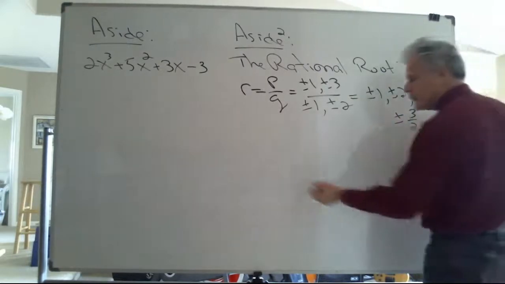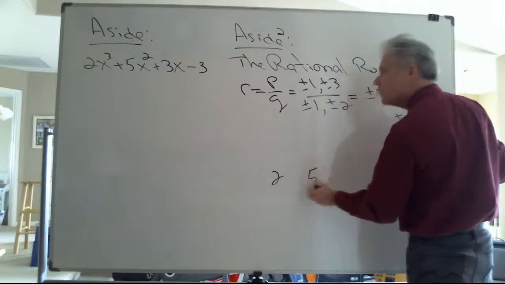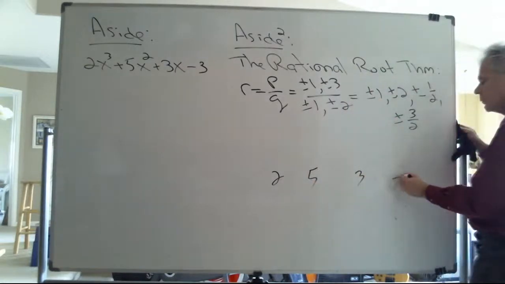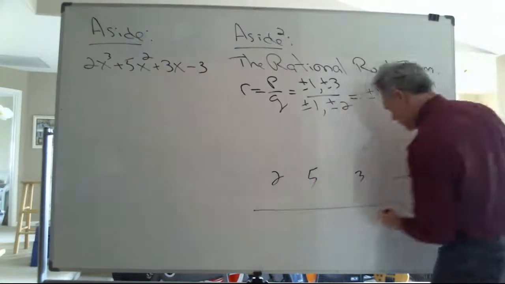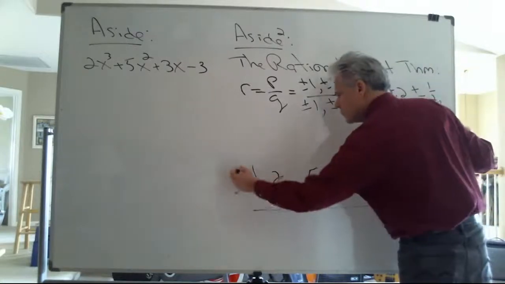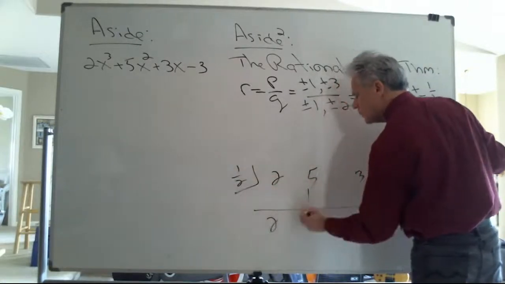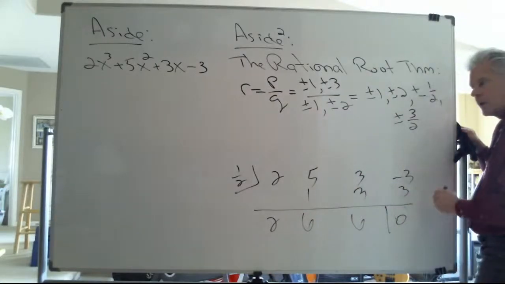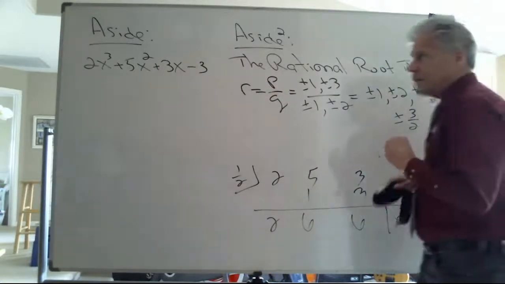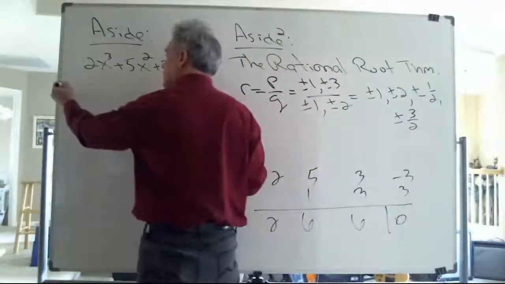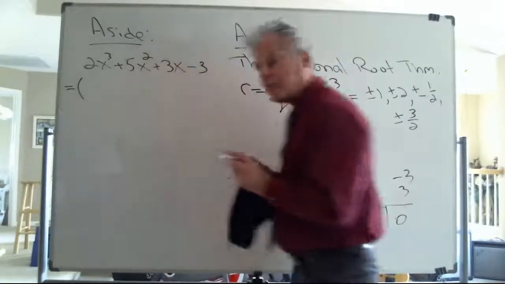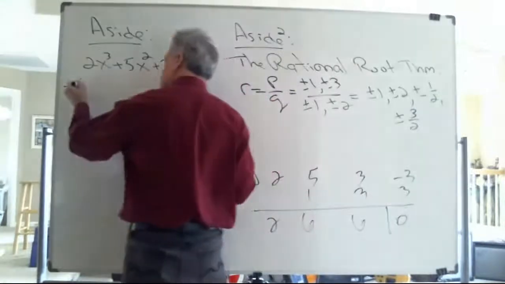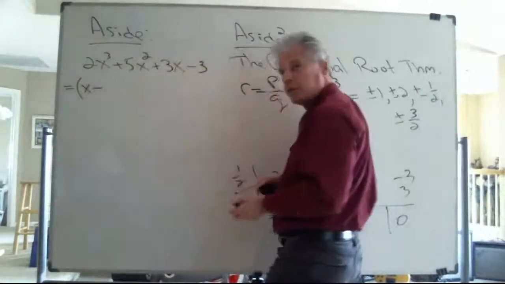So using synthetic division, let me see if I can find one that works. I found one. This means this third degree polynomial factors as such: x minus that zero.